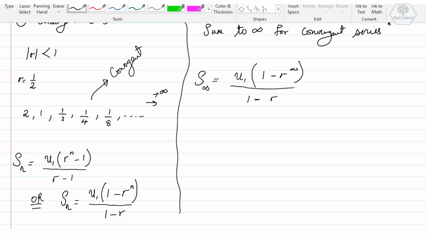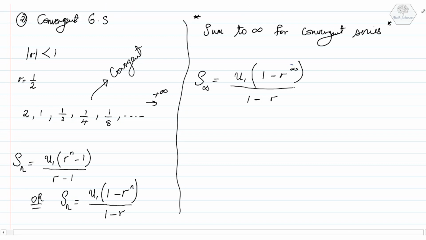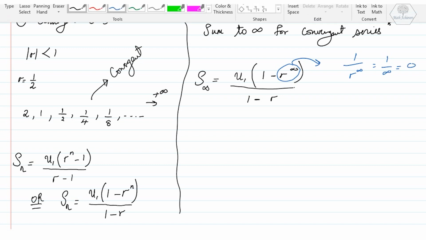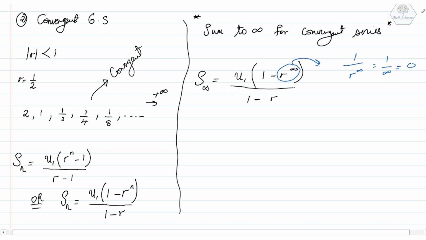In this case, r to the power of infinity gives me a 0. Why? Because it's a fraction, so its reciprocal is 1 over r to the power of infinity, which is 1 over infinity, which is equal to 0. So the sum to infinity for a convergent series only is equal to u1, which is the first term, over 1 minus r.